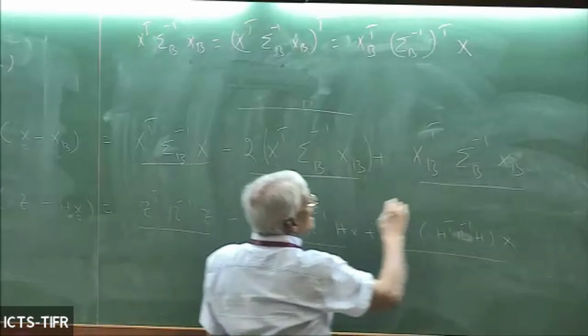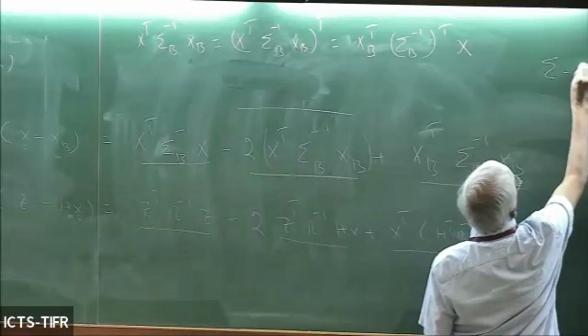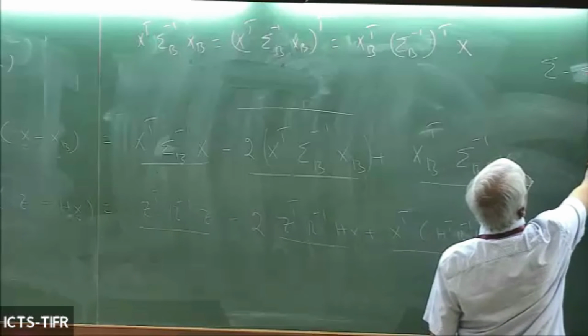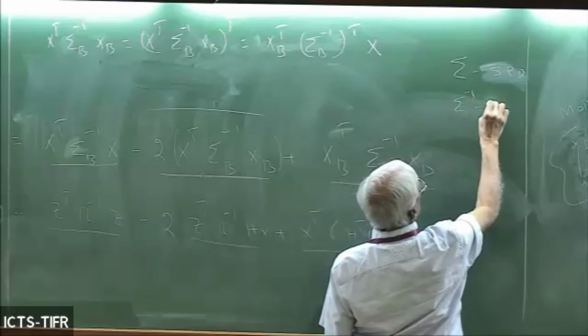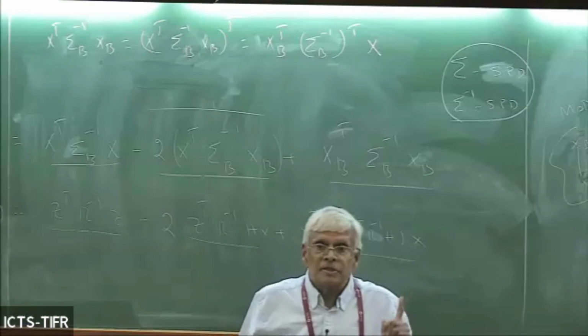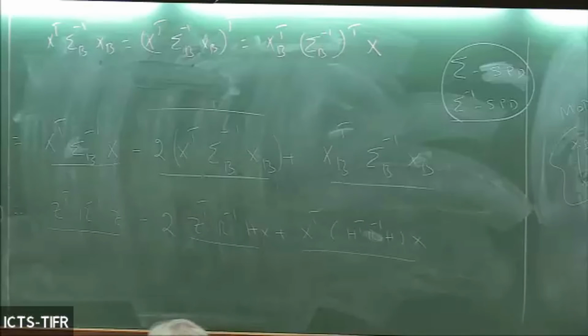But sigma b is symmetric. Sigma b is actually SPD. Sigma b inverse is also SPD. That's a theorem. The inverse of a symmetric positive definite matrix is also symmetric positive definite. If sigma b inverse is symmetric and positive definite, it transposes to itself because it's a symmetric matrix.